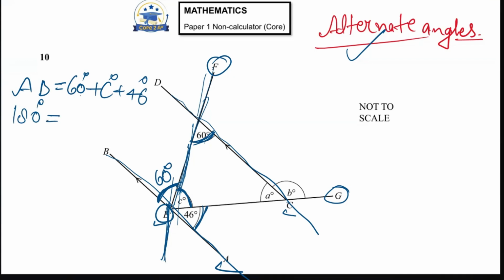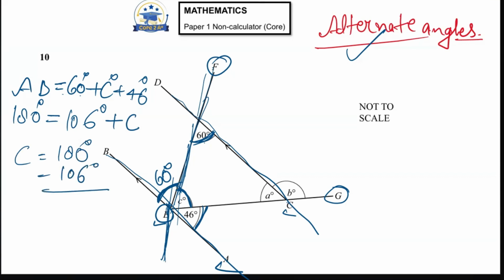Now just add: 60 plus 46 is 106 degrees plus C. So C equals 180 degrees minus 106 degrees, which is 74 degrees. So C equals 74 degrees.